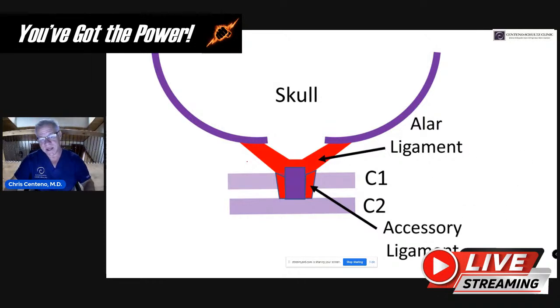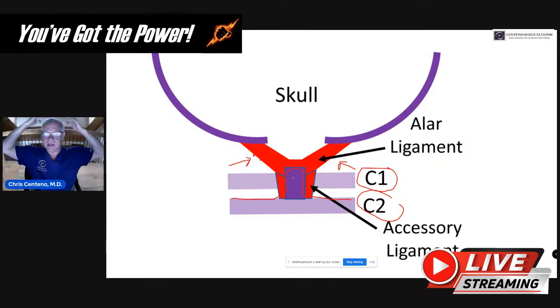So if we look in this front view, this is C1 and this is C2. And C2 has a projection called the dens, which comes up this way. And what comes off of the dens is this alar ligament off to the right and left. If the dens were me, then the alar ligament is represented by my arms going up and grabbing the skull.